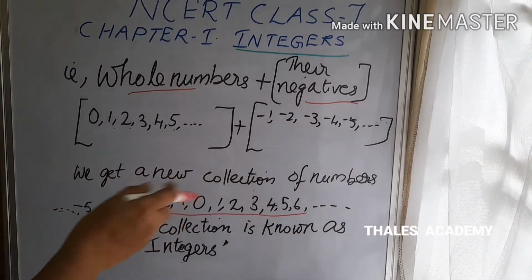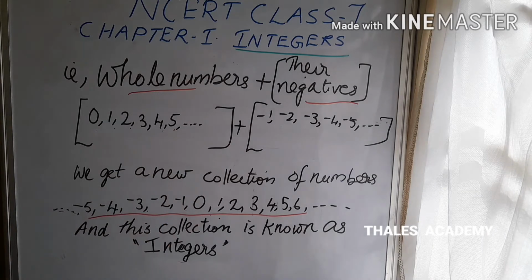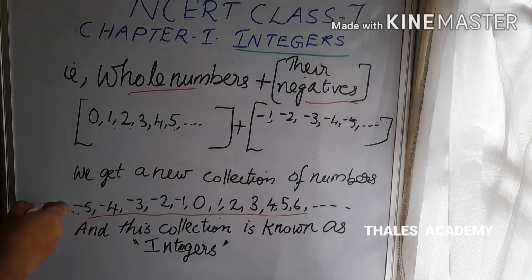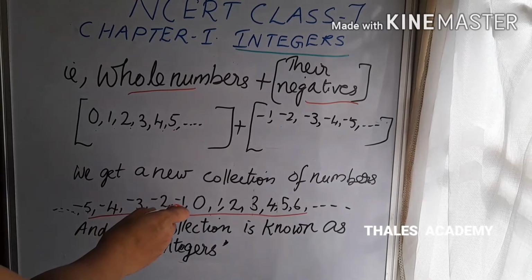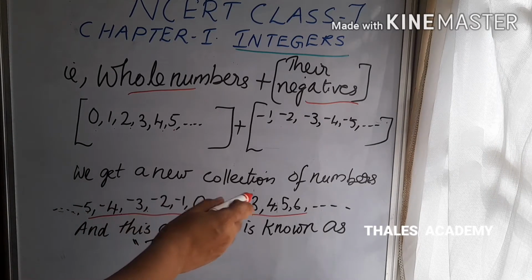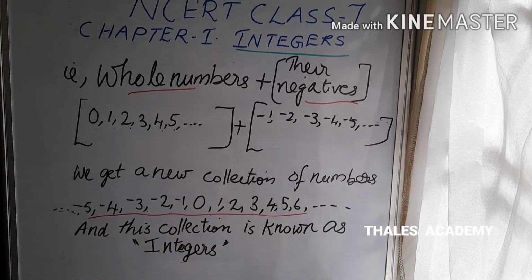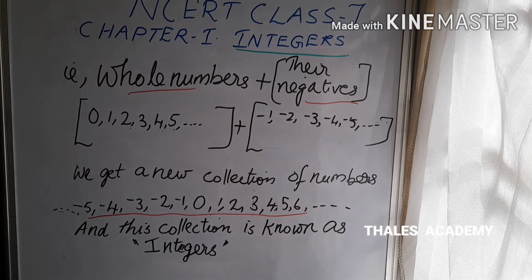It looks like minus 5, minus 4, minus 3, minus 2, minus 1, 0, 1, 2, 3, 4, 5, 6 up to infinity. And this collection of numbers is known as integers.